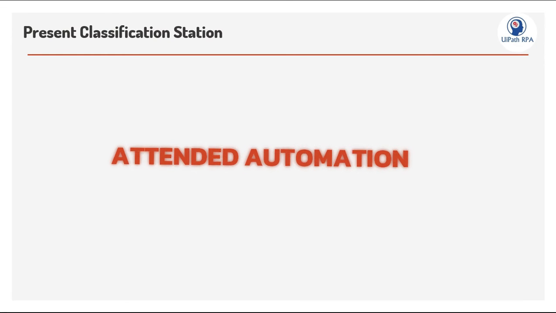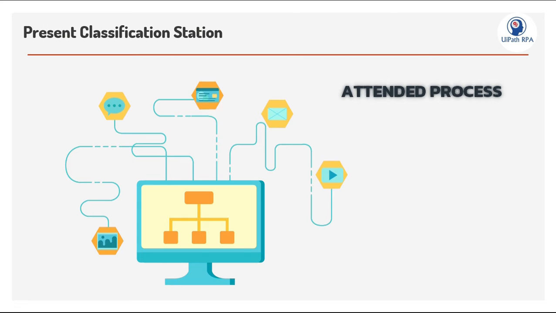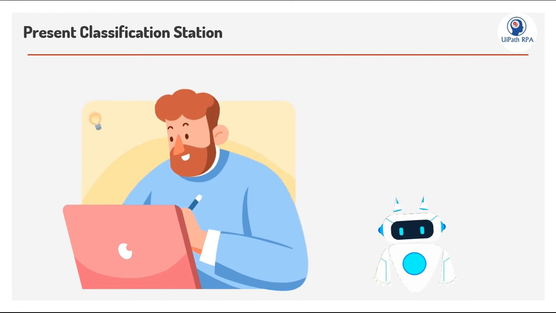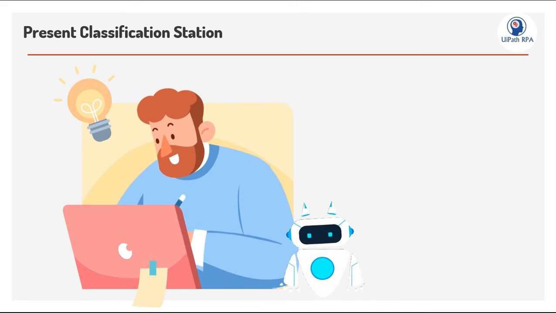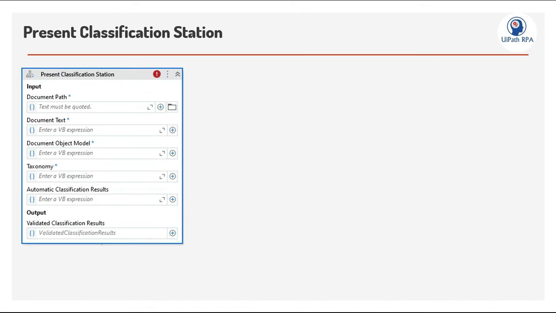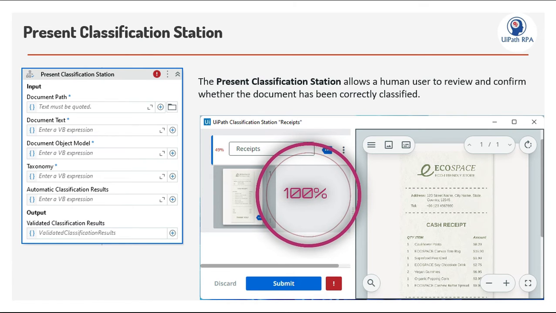For attended automation, a human is sitting at the computer when the bot runs. In that case, you can use the Present Validation Station activity. This activity presents a window, or form, directly on the user's screen to review the documents. This way, we can increase the confidence of the classification results to 100%.